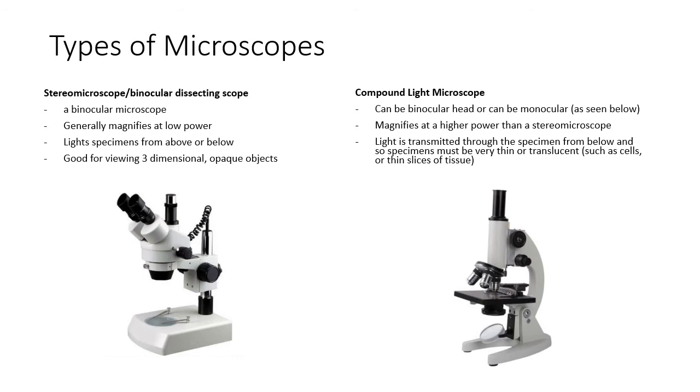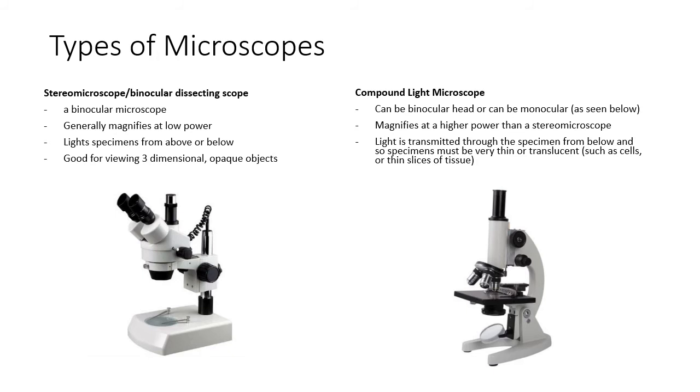Then there's also a compound light microscope. This works a little bit differently. It can be either a binocular head like you see here, or it can be monocular, as seen below, where there's one eyepiece. Compound light microscopes generally magnify at a higher power than a stereo microscope. Light is transmitted through the specimen from below. If you see here, there's a mirror.